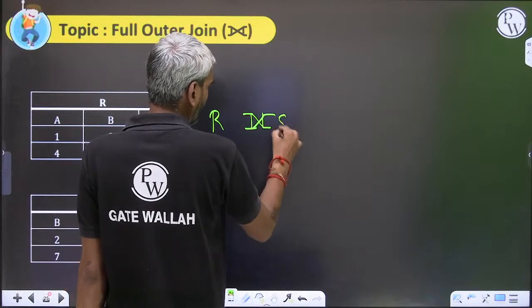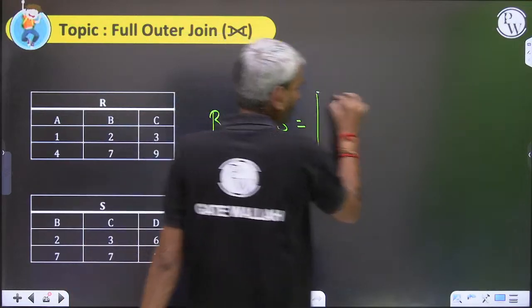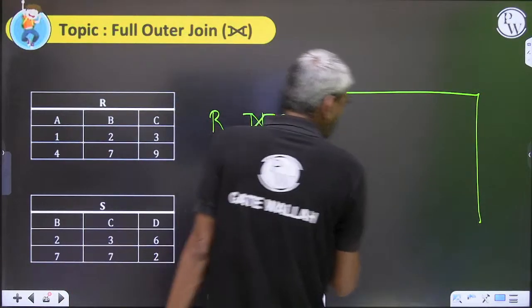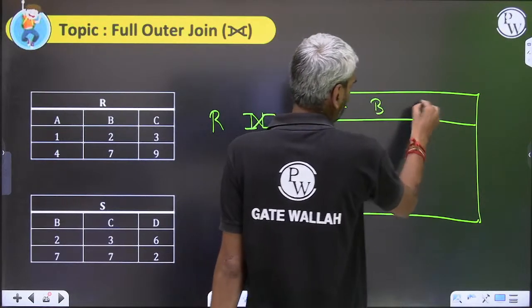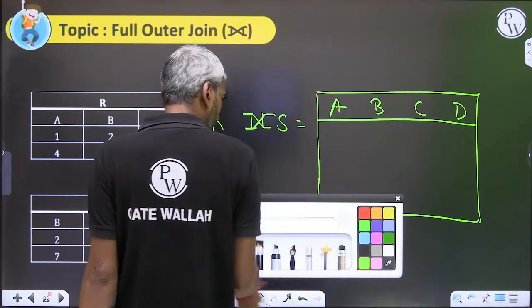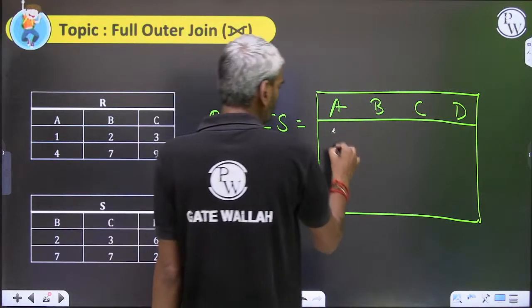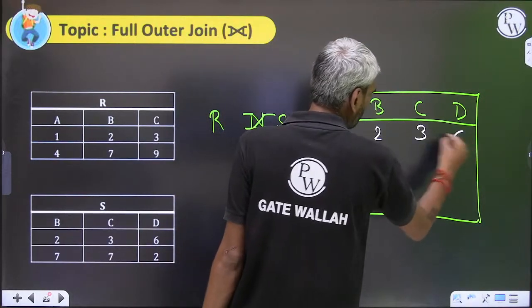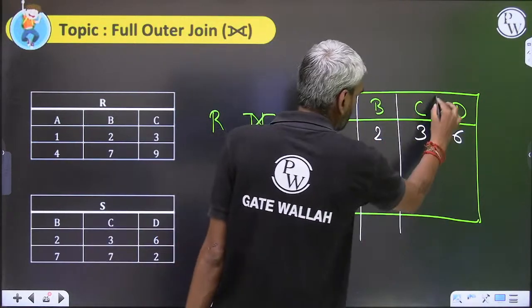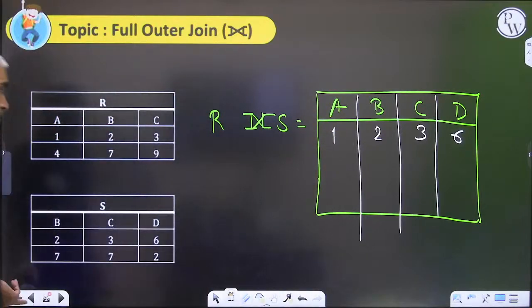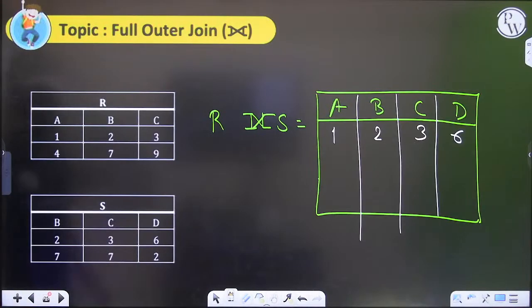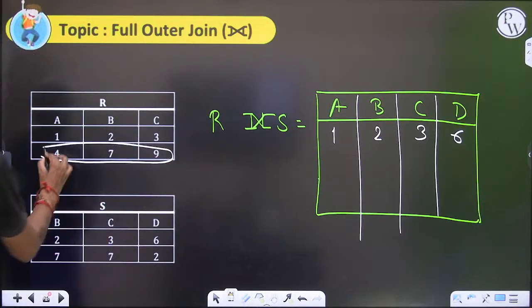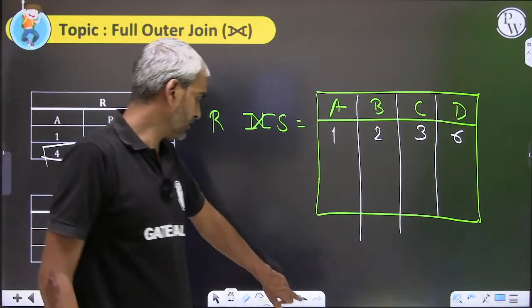So this time if I define the full outer join, R full outer join S will have A, B, C, D. It will have the tuple with respect to natural join, that is 1, 2, 3, 6. Apart from that, what will happen? This 4, 7, 9 was not part of the join operation.